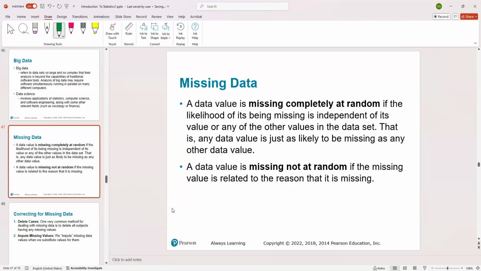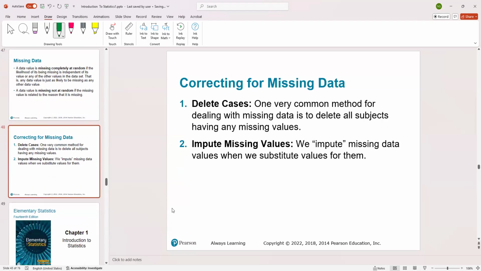Very important. As for correction, you can always verify that. There are different methods for dealing with missing data.